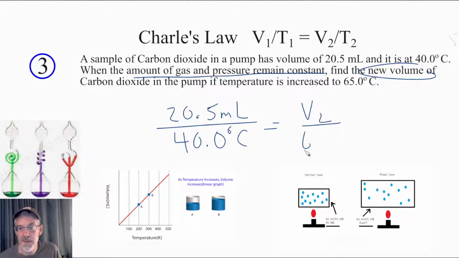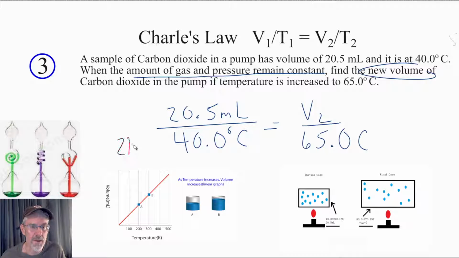And the temperature is 65.0 Celsius. And Ryan, you make a very good point, and I was just getting to that. It should be in Kelvin. In this case, because these degrees are going to cancel out, we probably would be okay, but I would recommend always changing stuff to Kelvin.